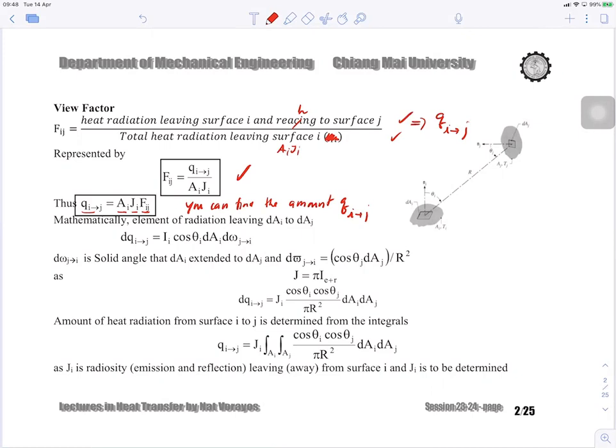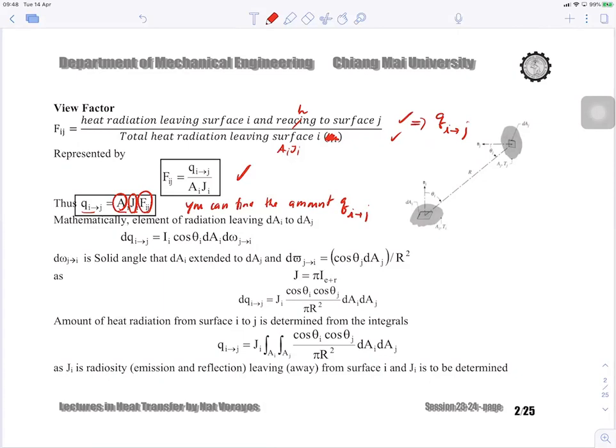Right now, we can find Qij directly from this equation, providing that you know Ai, Ji, and Fij. Okay, so how do we find the Qij mathematically? Well, you define the radiation mathematics.